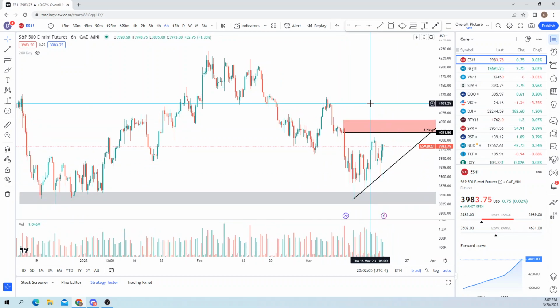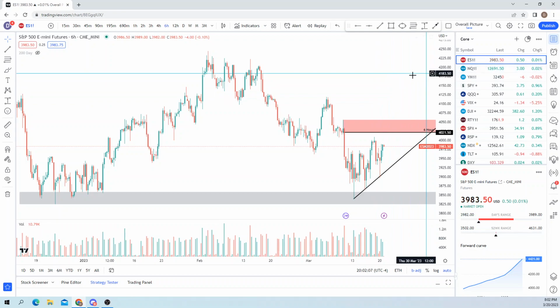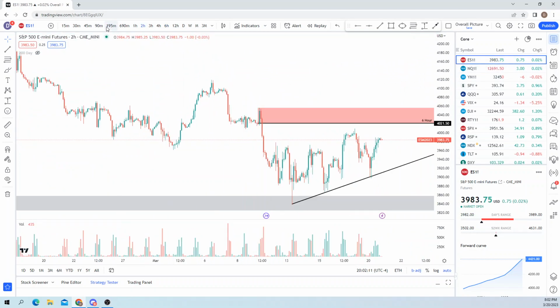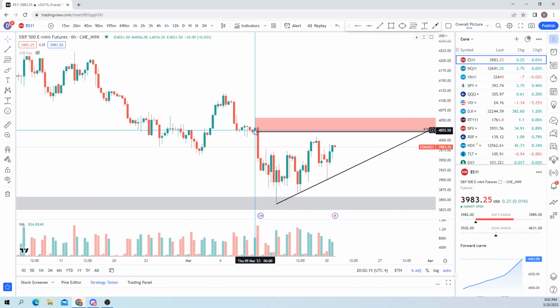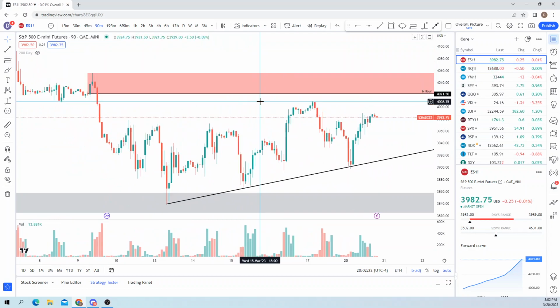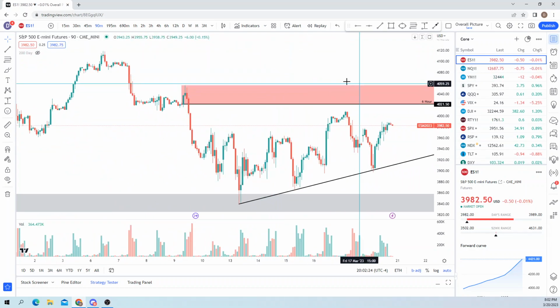Okay, very clear on that. So definitely keep an eye on both of those. This 6-hour supply zone, which was formed on March 9th, is very important, and I've been talking about it for the last week. I even explained it on the last video as well.